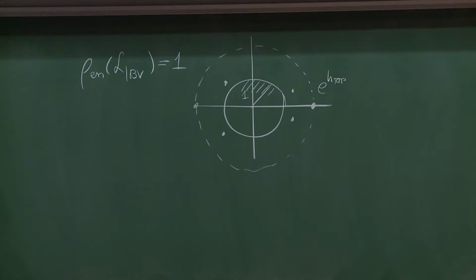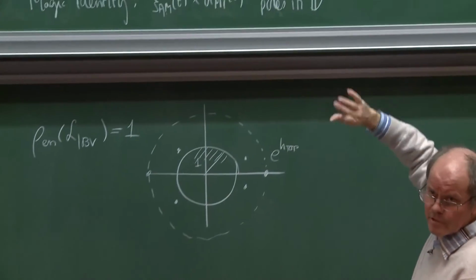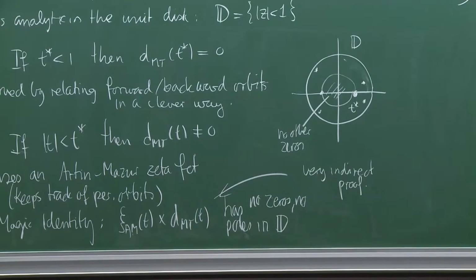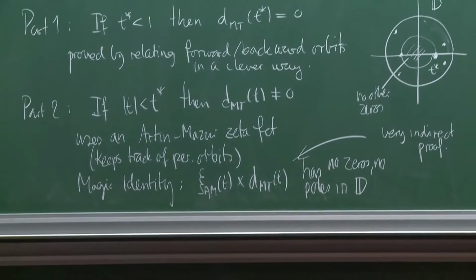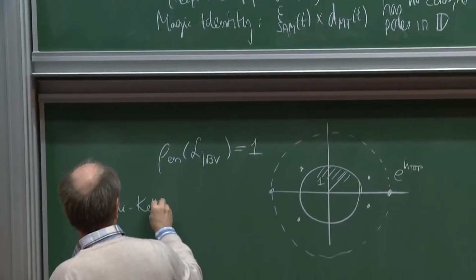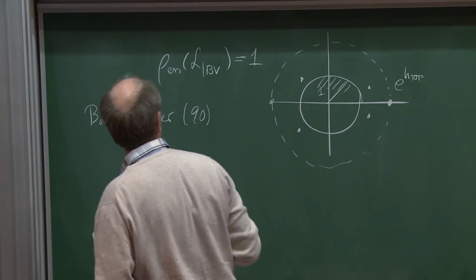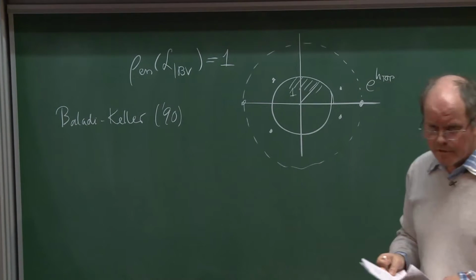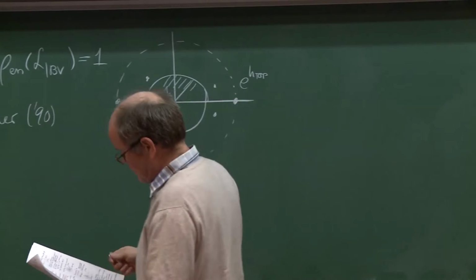And when you look at this picture here, you see that there's quite a big resemblance with this here, except that you have just inverted T and the eigenvalue. So in this context, Baladi and Keller, in a paper in 1990, constructed for this space of boundary variation functions a zeta function.